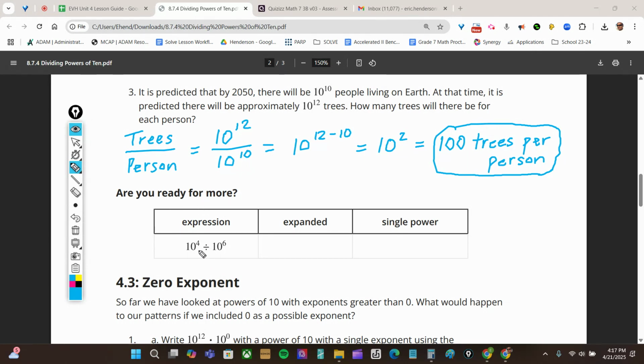Next one. Are you ready for more? Expand it. So we have 10 up here.